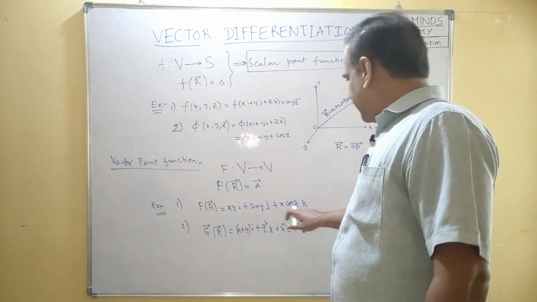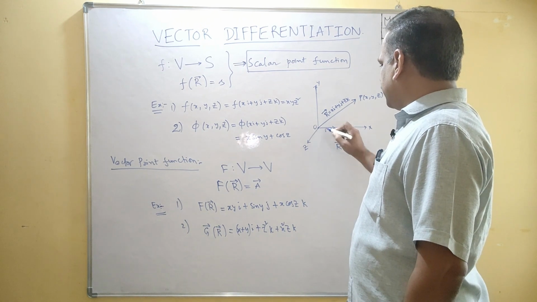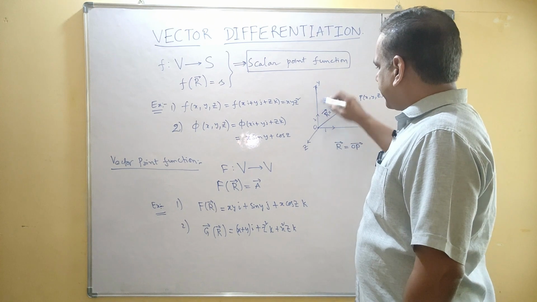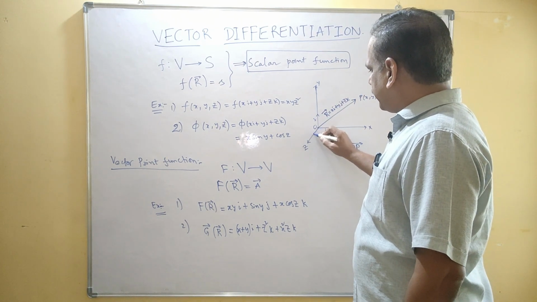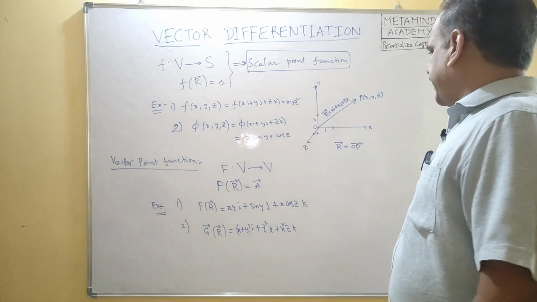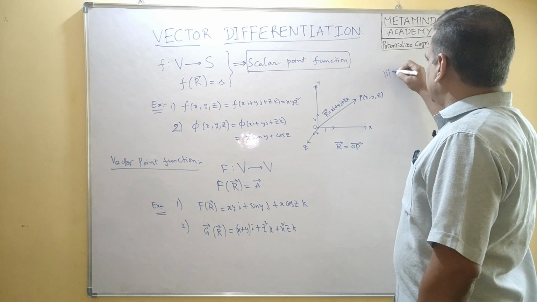So what are ijk? ijk are nothing but the unit vectors: i is the unit vector in the direction of x, j is the unit vector in the direction of y, and k is the unit vector in the direction of the z axis. So what is a unit vector? Its modulus is 1.